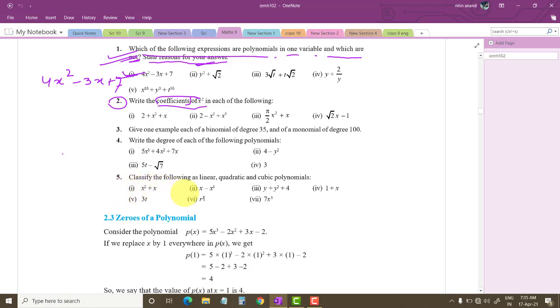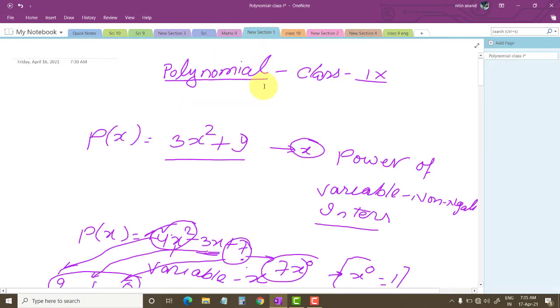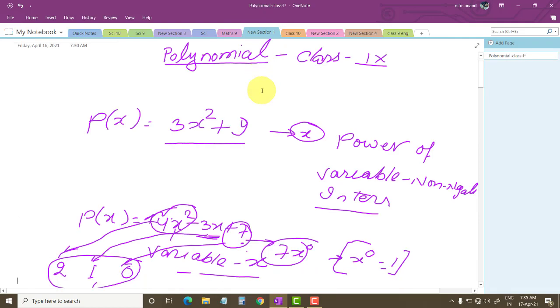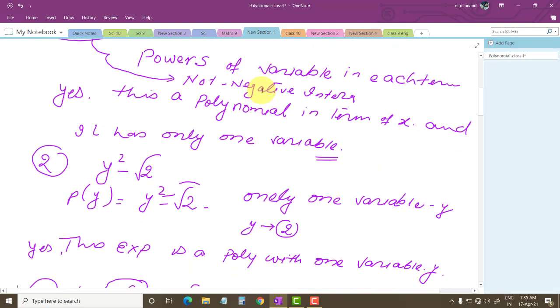Question 5 says classify the following as linear, quadratic and cubic polynomial. Firstly, once again we will discuss that, and then we start the question.